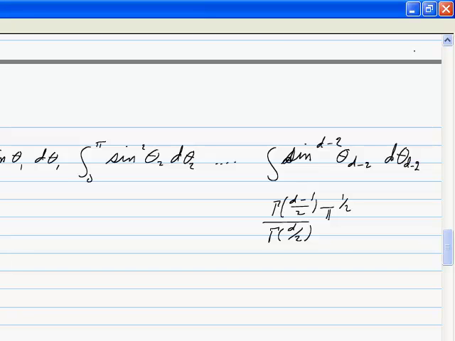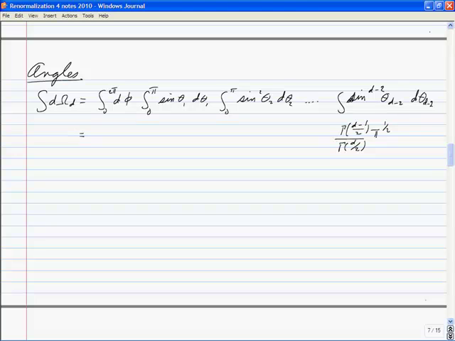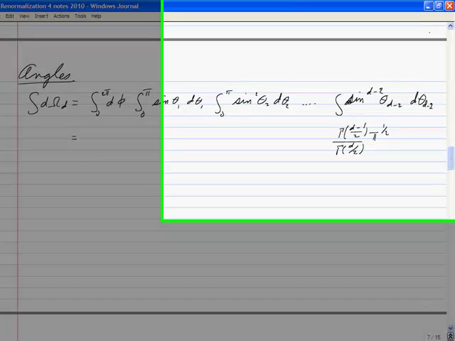I'll do the gamma function review in a minute, so just take it. This is the gamma function. This is a general expression true in any dimension, but we're now thinking of it being integer.